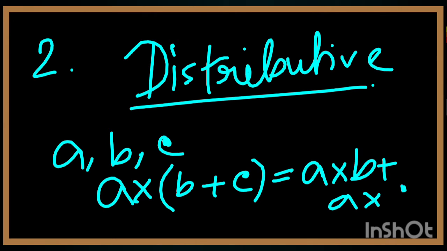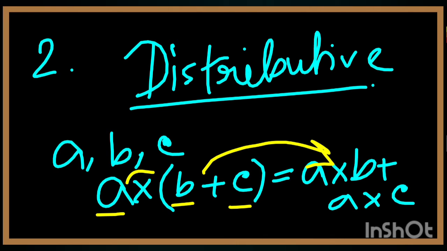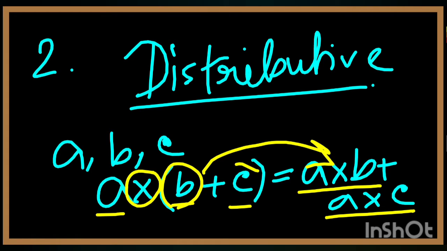As we have discussed earlier, A will be distributed between B and C if we multiply this way. If the operation is multiplication, then A will be distributed among all the numbers given inside the bracket.